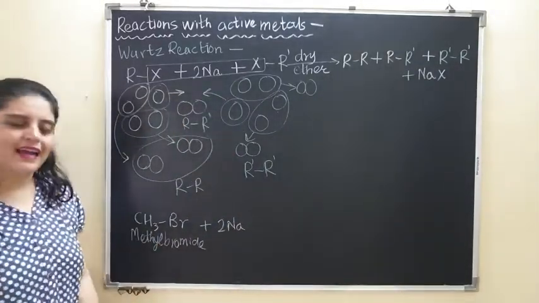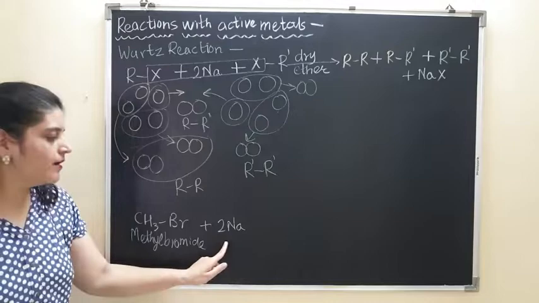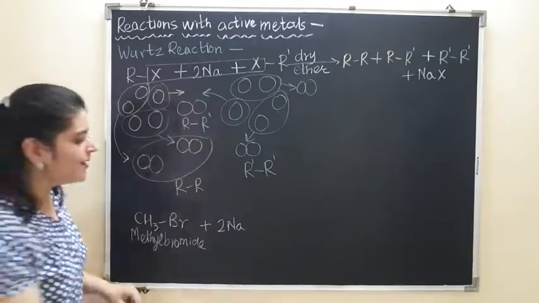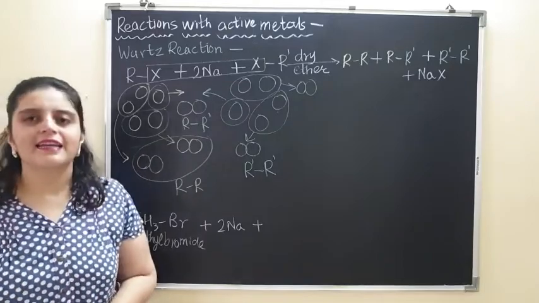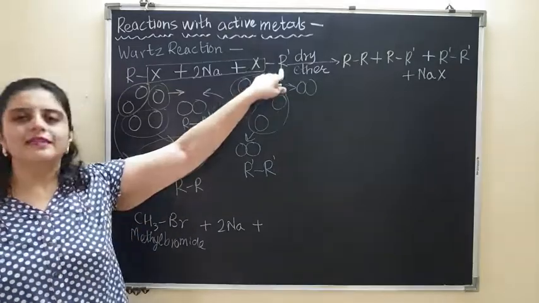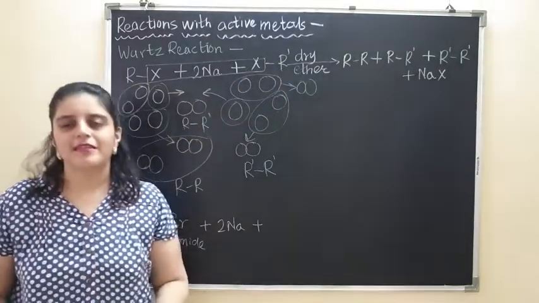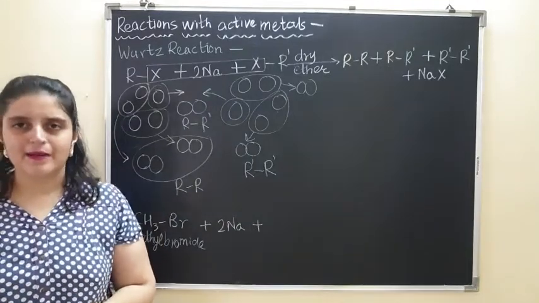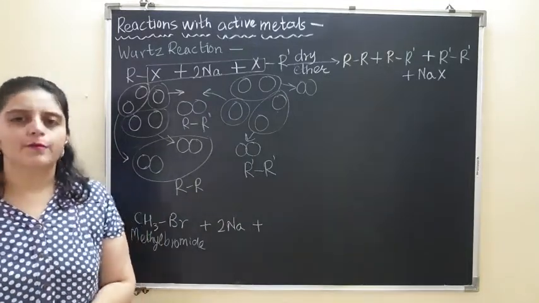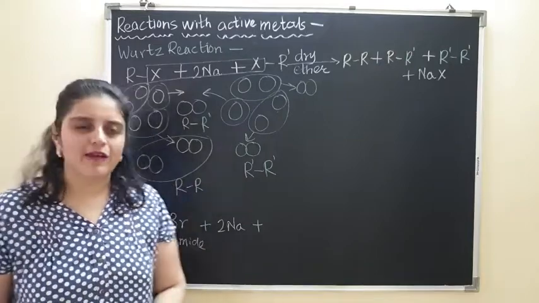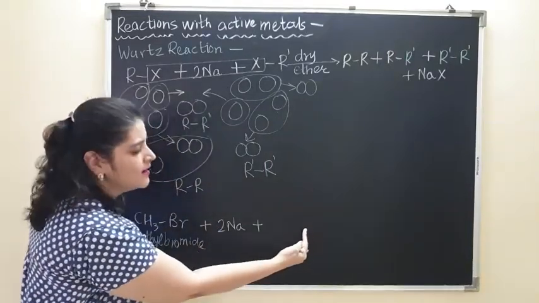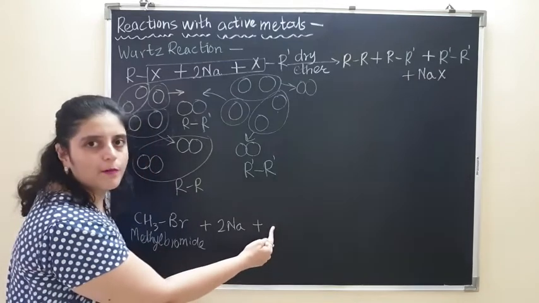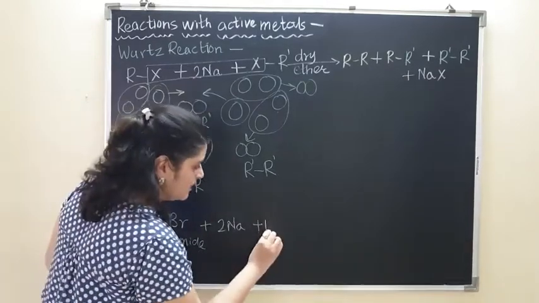So the first alkyl halide over here is methyl bromide plus Na. Let us assume that our second alkyl halide is C2H5Br या फिर CH3CH2Br, कैसे भी लिख सकते हो, which is ethyl bromide. But while writing, how are we going to write? In the reverse order, we will write CH3, single bond CH2, single bond Br, like this.